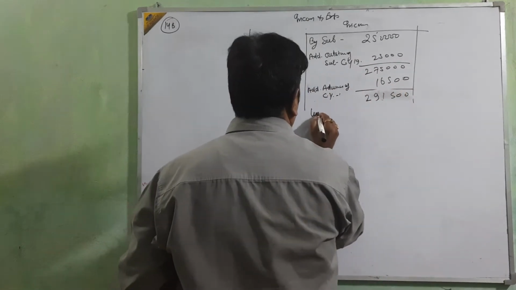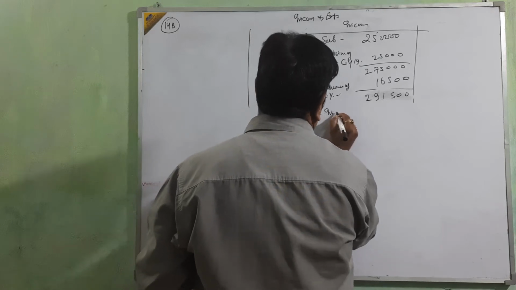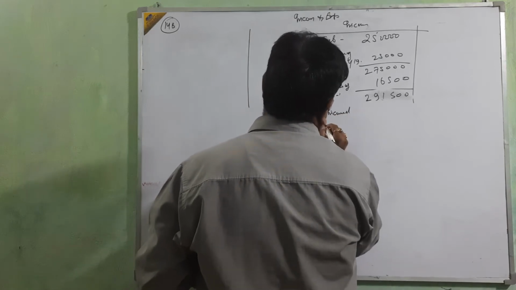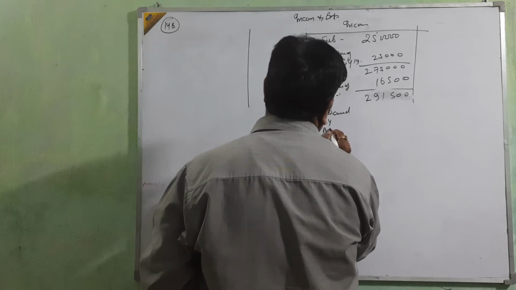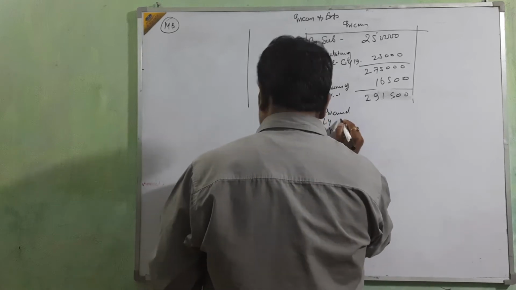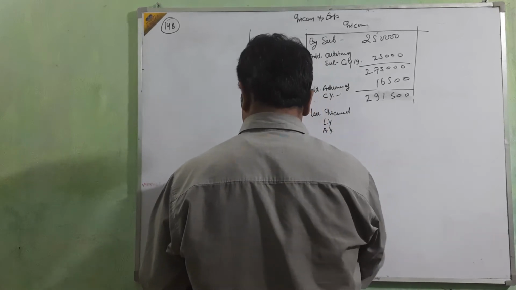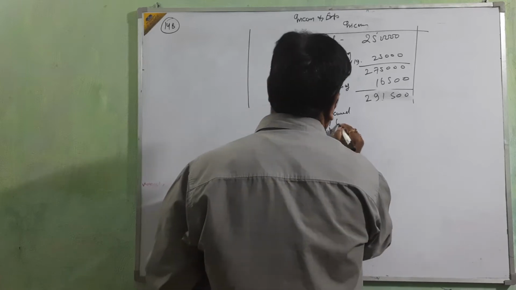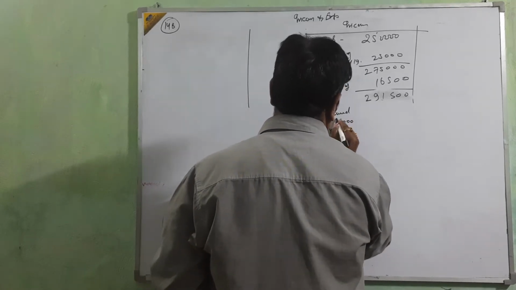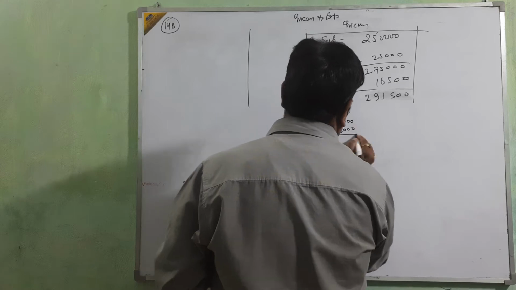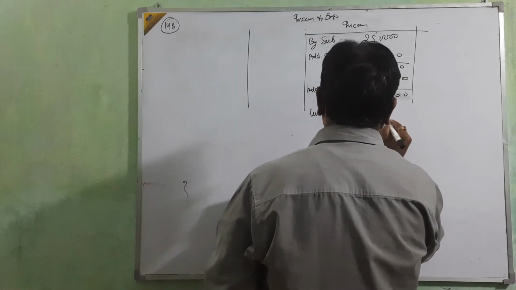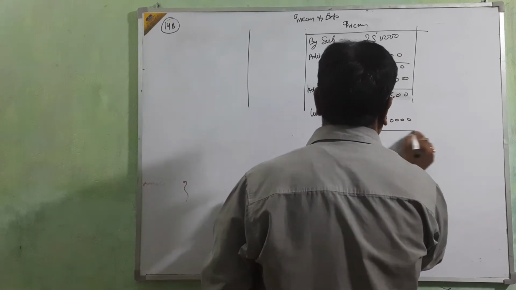Then less, included last year and advance year. Okay, one is 15,000 and 13,000, the total is 28,000.